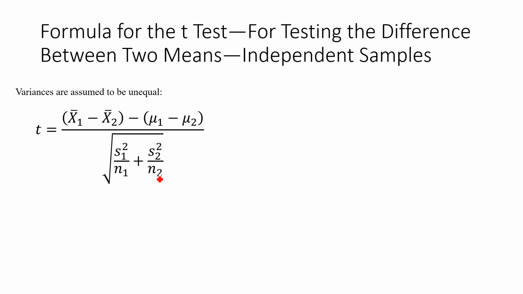So again, this would be the formula if the variances of the two samples are assumed to be unequal, so they are different from each other.